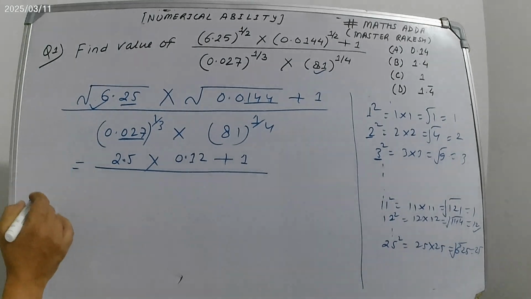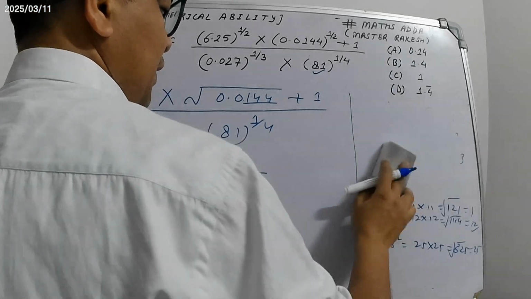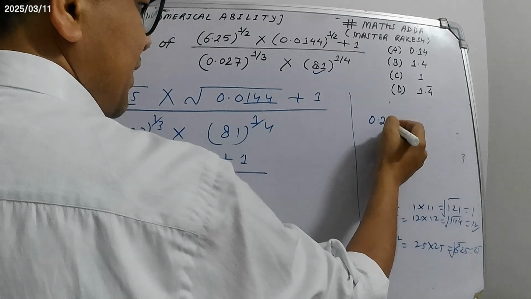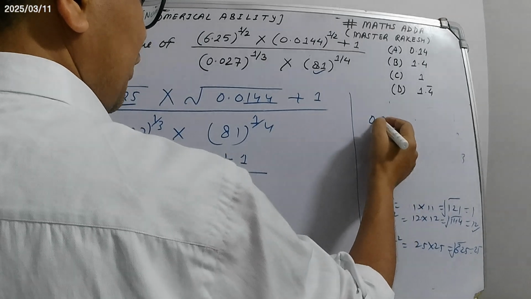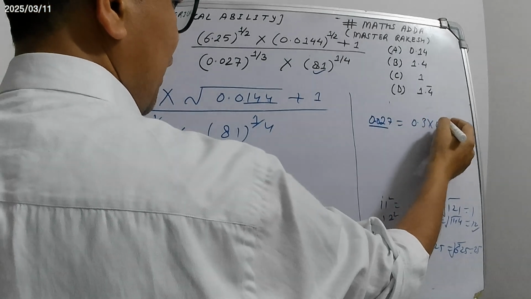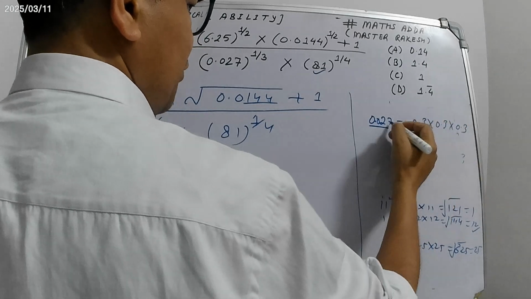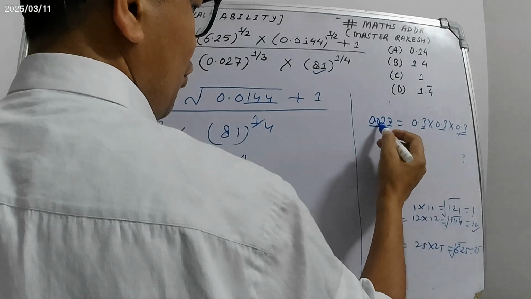You need to learn the basics first for these questions. 0.027 you can write as 0.3 into 0.3 into 0.3. 3 3s are 9, 3 9s are 27, and with 3 decimal places, 1 2 3, 1 2 3.